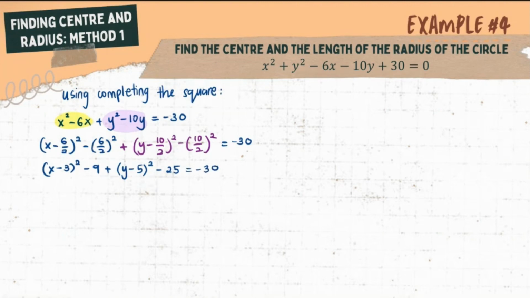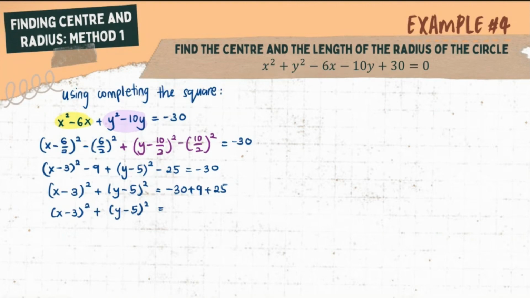So kita tulis dia dalam bentuk standard form lah. x minus 3 squared plus y minus 5 squared equals to negative 30 plus 9 plus 25. So hence, kita ada x minus 3 squared plus y minus 5 squared equals to 9 tambah 25 adalah 34.